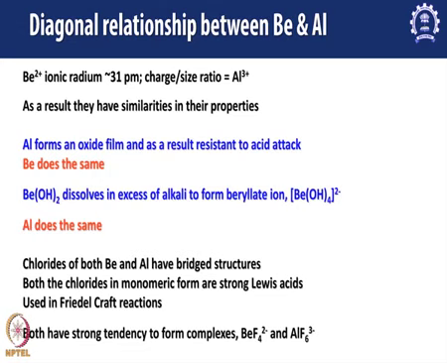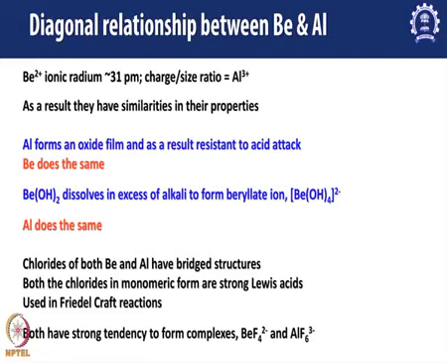Aluminum trichloride is dimeric, having 2 chloro bridges with the composition Al2Cl6, and similarly beryllium dichloride is also unstable, it undergoes dimerization to form Be2Cl4, or it can have a polymeric network. Both are used in Friedel-Crafts reactions for making C-C bonds, and both have a strong tendency to form complexes, that is, BeF4 2- and also hexafluoroaluminate 3-.